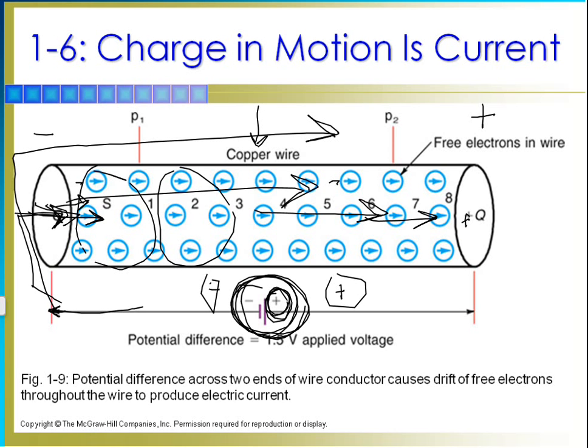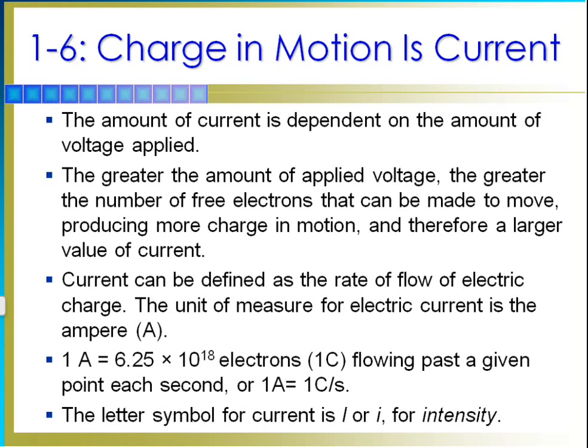The greater this potential difference, so the more voltage we apply, the faster the flow, or the more current we get. So current and voltage are directly proportional to one another. Okay, and we just talked about that.